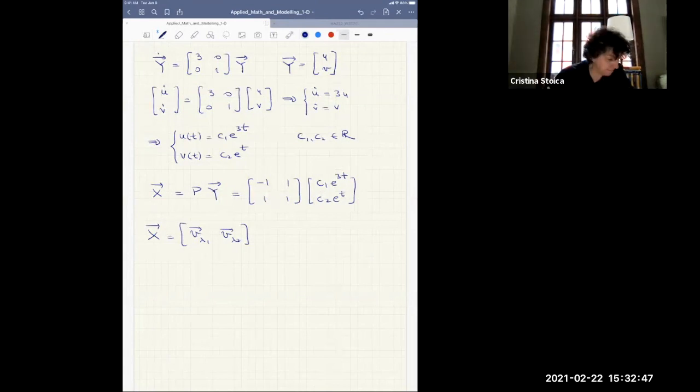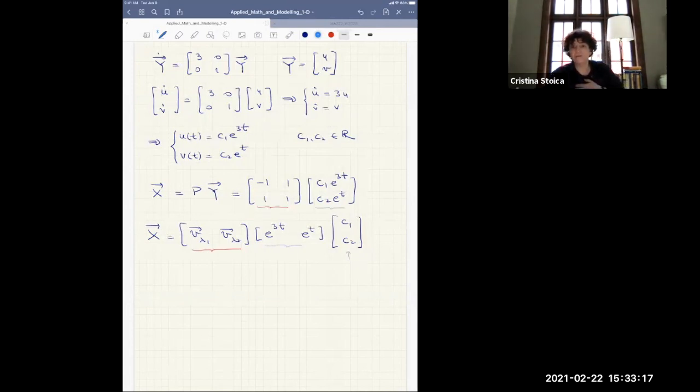So we can write it in this way, with C1, C2. This one is a row and this is a column, but if you put it together, that's what you get.